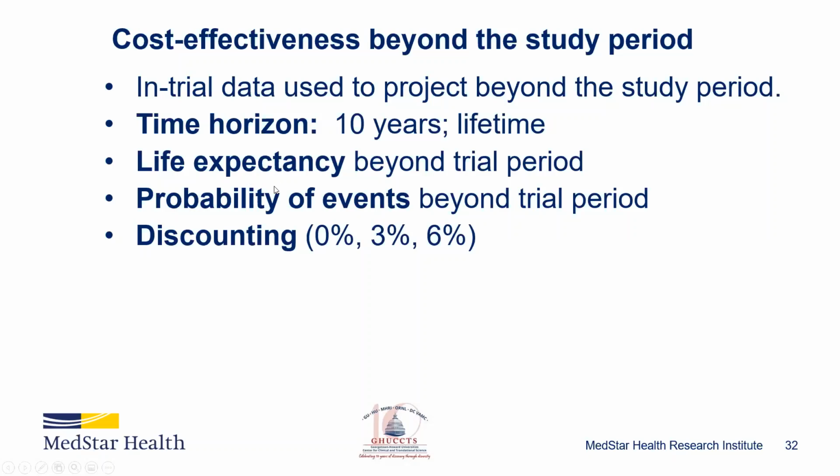And then we'd also need to figure out the probability of events beyond the trial period, for which you would need some sort of life table for events, for example stroke or MI or whatever the event might be that you're interested in. And then we also do the same thing as far as discounting is concerned. Typically, discounting might be no discounting. We typically use our base case as 3% discounting, and then sometimes I've seen discounting up to 6 or even 10%.